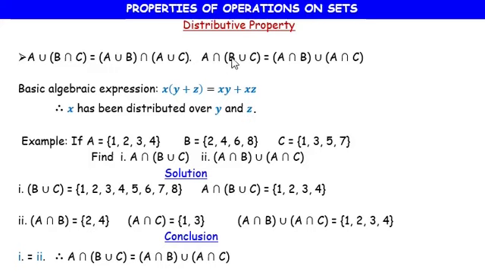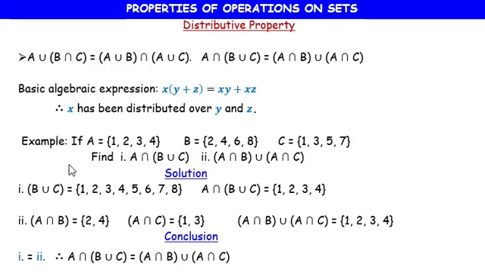So if you also have A intersection, B union C, you are going to use the intersection to pair the A with the members in the bracket, right? So you're going to have A intersection B and then A intersection C. Then the operation that separated the two elements in the bracket is what will be used to separate the two pairs. So you're going to have A intersection B union A intersection C, right?